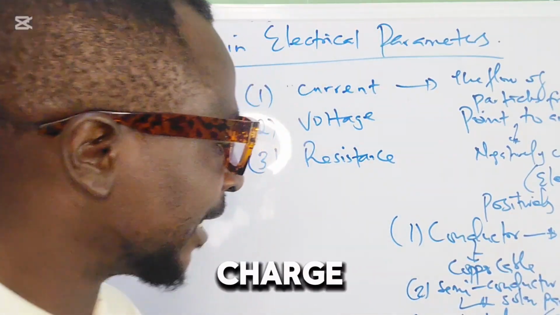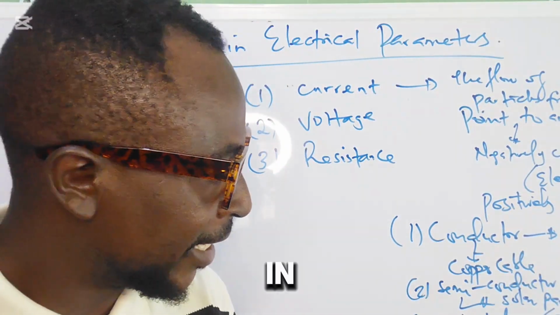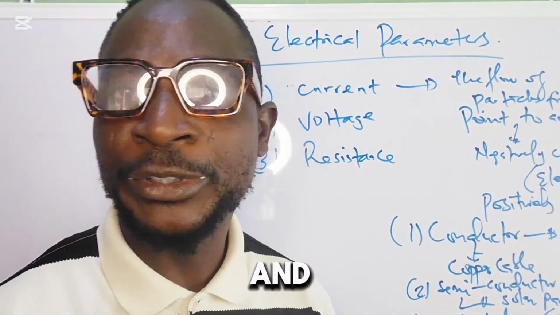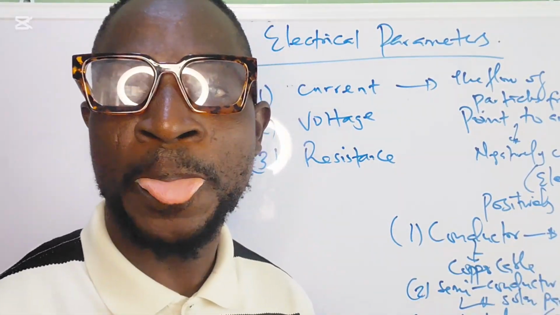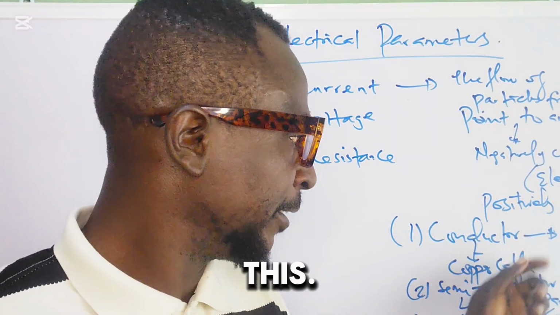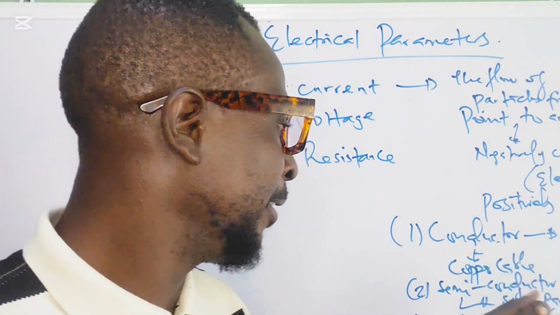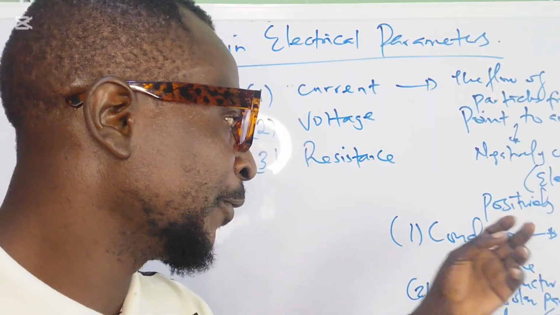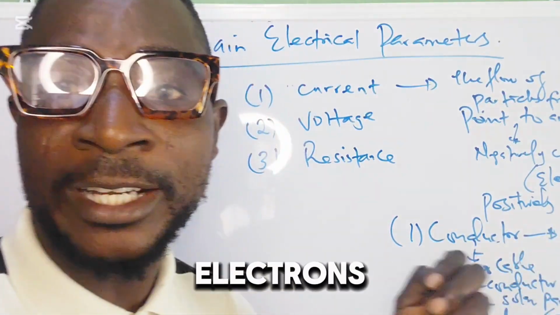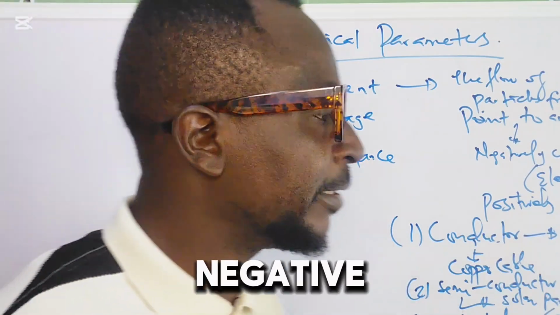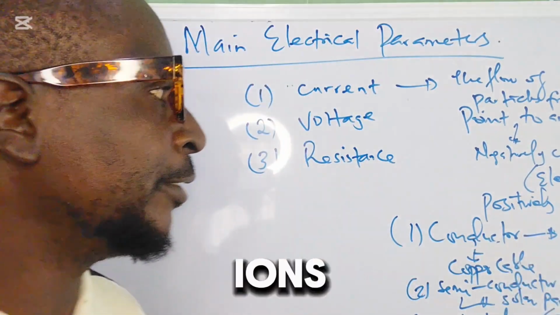So the major charge carriers in electrolyte are negative ions and positive ions. You should take note of this. In the case of conductor, the major charge carriers are electrons. In the case of semiconductor, the major charge carriers are electrons and holes. In that of electrolyte, we have what? The negative and positive ions.